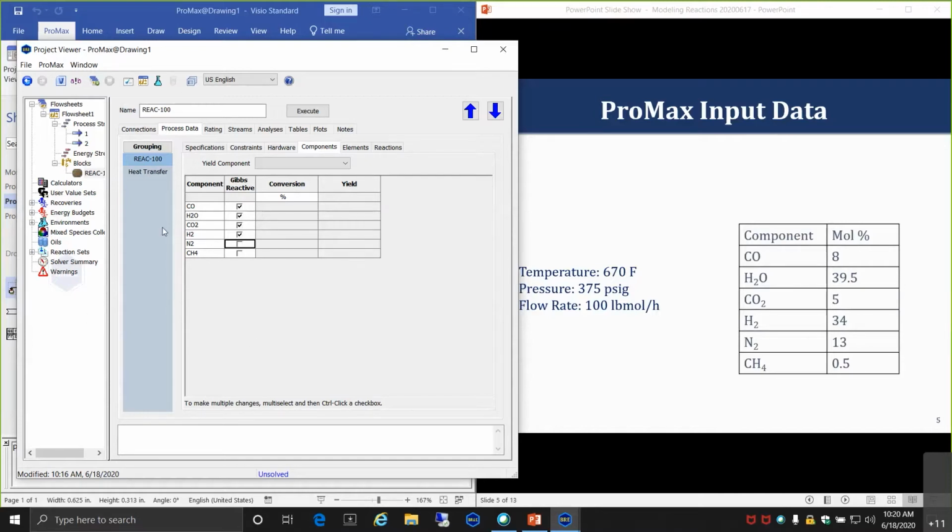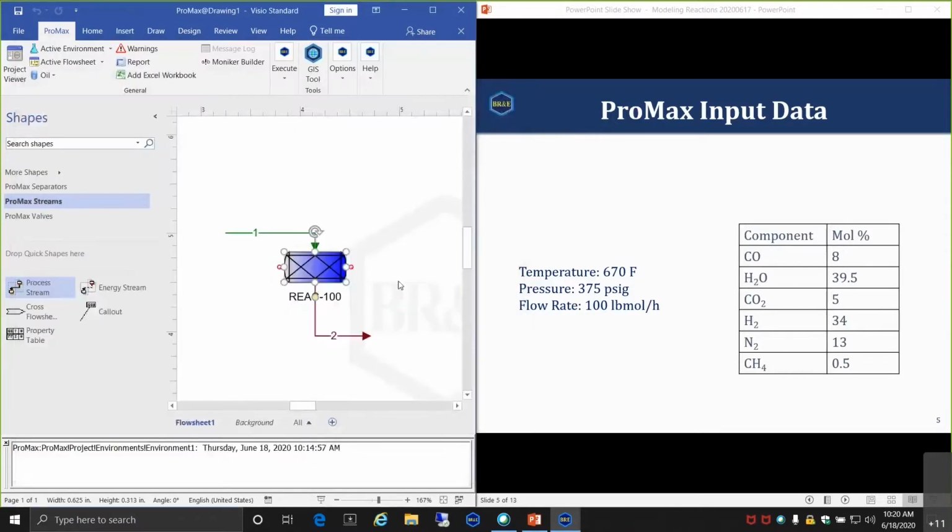These others can change. Whether they do or not is all going to be based on what the minimum Gibbs energy is going to dictate. That is all that is needed to create a Gibbs minimization reactor in ProMax.